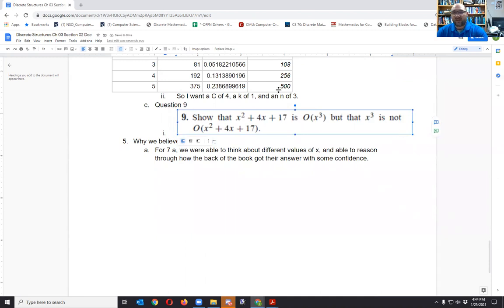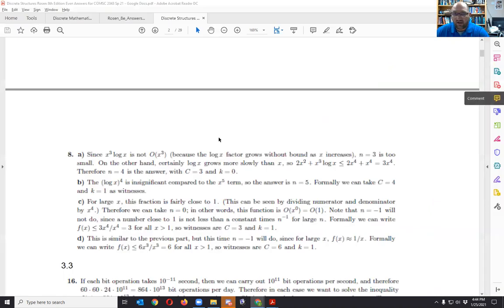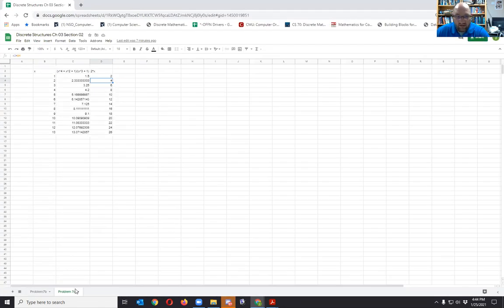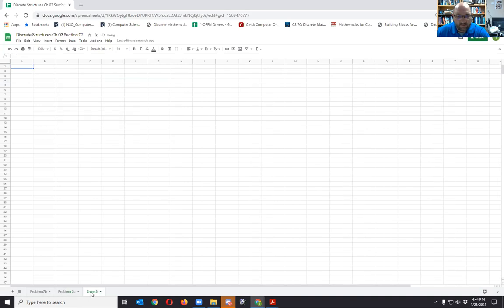Okay, so it says to show, I'm going to drag this over to this other screen, and zip back here to this one. And I'm going to do a new tab and say problem 9.